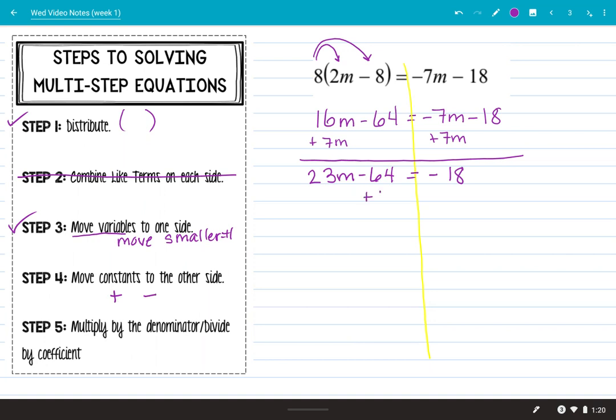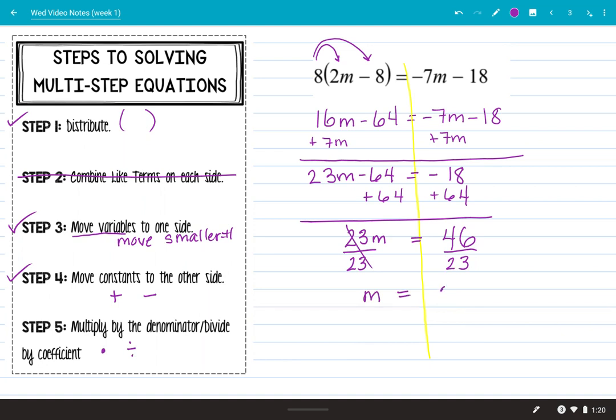Here I have a negative 64, so I'm going to add 64. And then we're going to do the multiplication or division. And I'm going to divide both sides by 23. So m is going to equal 2.